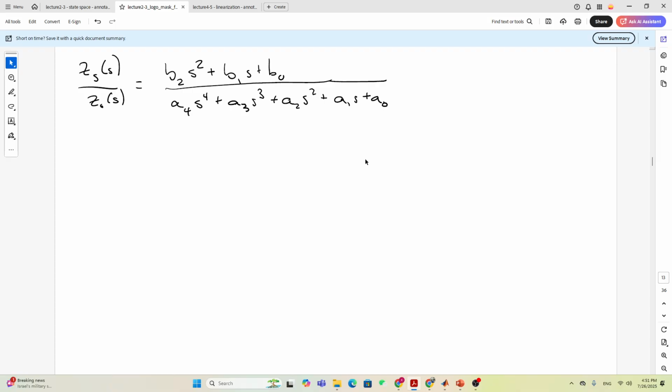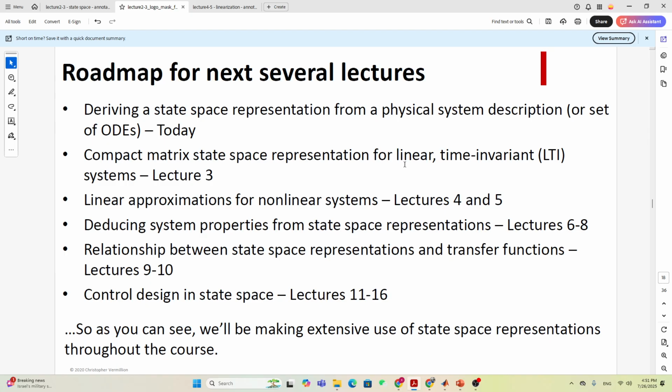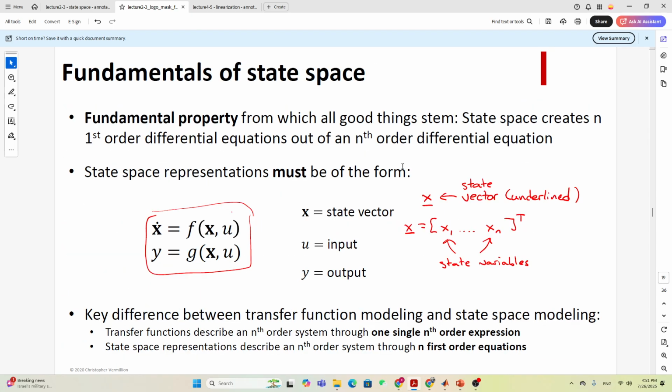Now we finished the transfer function derivation, and let's introduce what are the fundamentals of state space. Simply speaking, state space creates n first order differential equations out of an nth order differential equation, right?